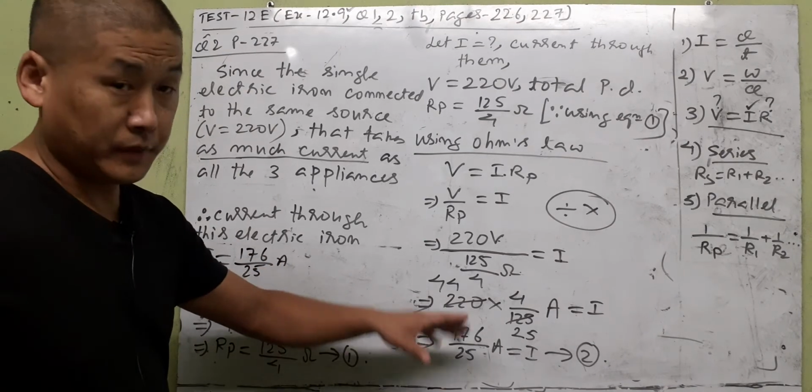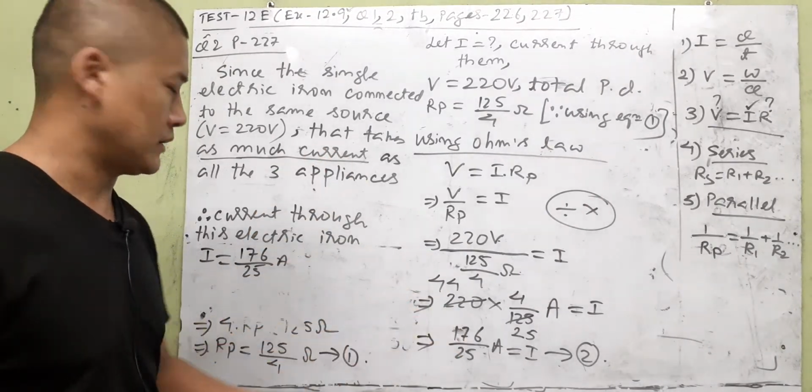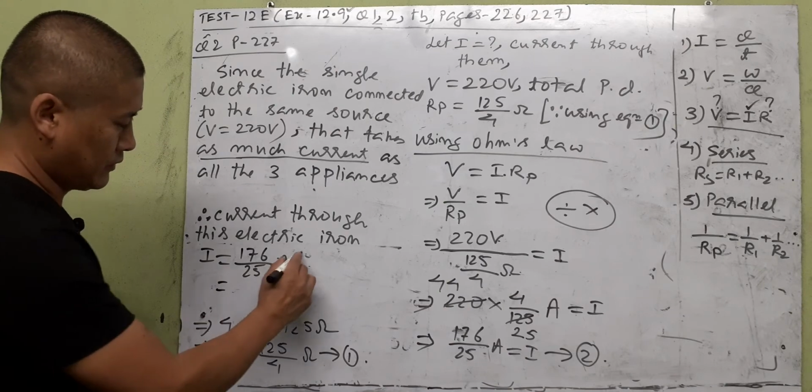Actually this is the current consumed by the three, but the question is saying this single one also consumes the same current, which means this is the same answer.